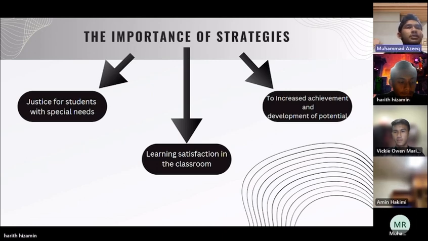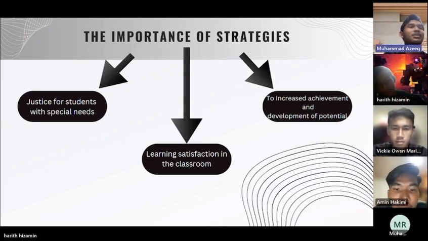First, it's about justice for students with special needs. A strategy suitable for students with special needs can be a good move for their learning.